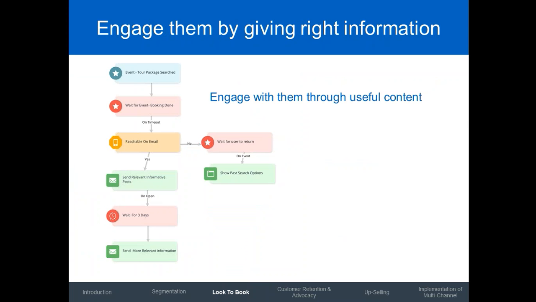If you are able to reach out by email, you could send them relevant information in terms of a post. If not, you wait for the user to return on events through the search option, or you could target them with remarketing. These are just a couple of use cases to give you a sense. You have to look at the funnel, look at the segment of people, define a flow chart to reach out to them, and keep trying till you get the right mix.